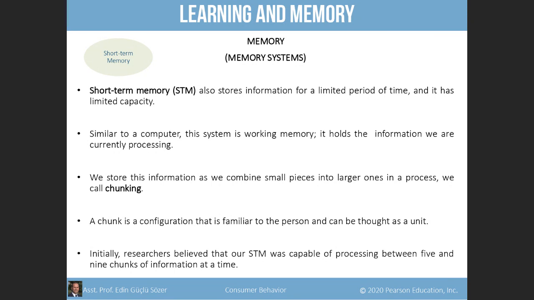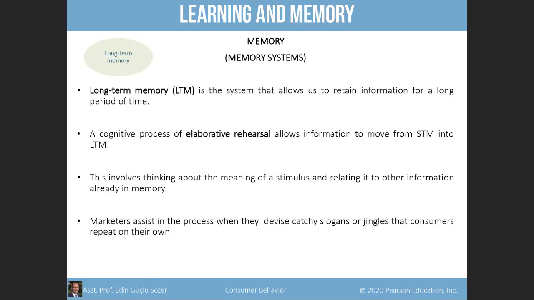So in the short-term memory, we chunk the incoming information with other related information to create an overall meaning of this information. Then, if we really elaborate this short-term memory information more and more, and we spend some mental effort on this information or stimulus, then it is transferred to the long-term memory.